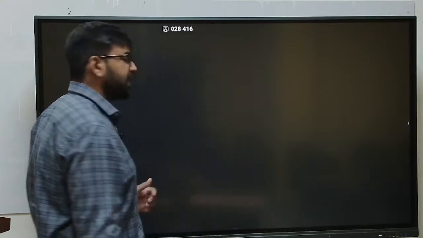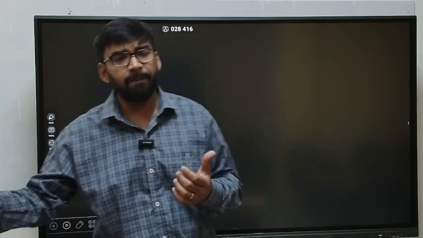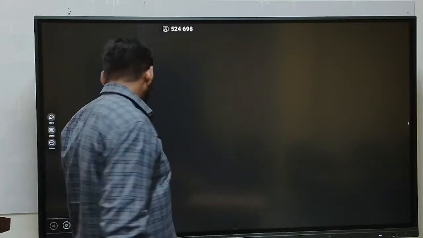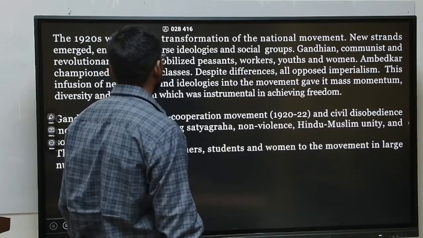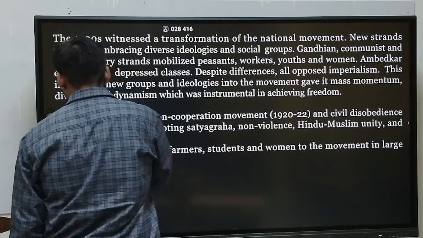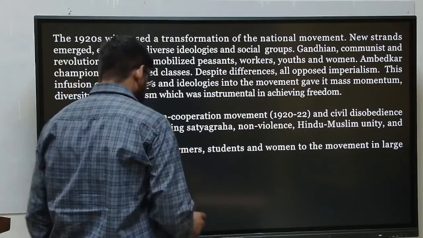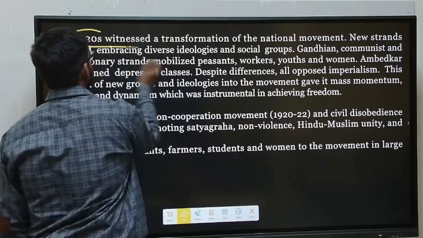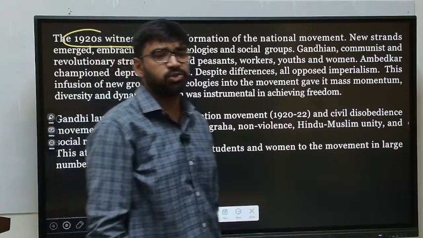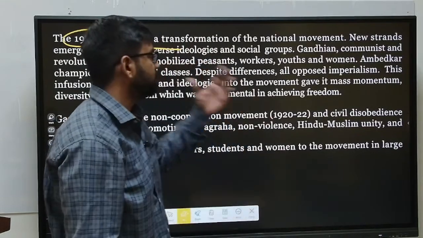So 1920 is the era where a mass leader has emerged. That is Gandhi. And various other leaders also started participating in Indian politics. Now you can see here, 1920s witnessed a transformation period of Indian national movement.